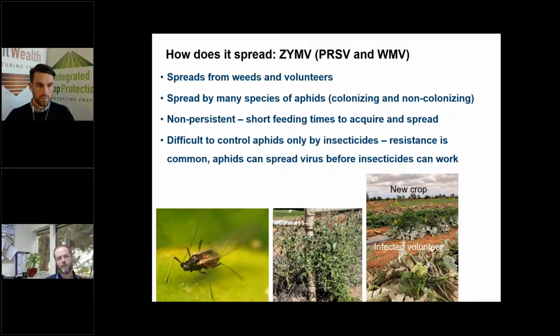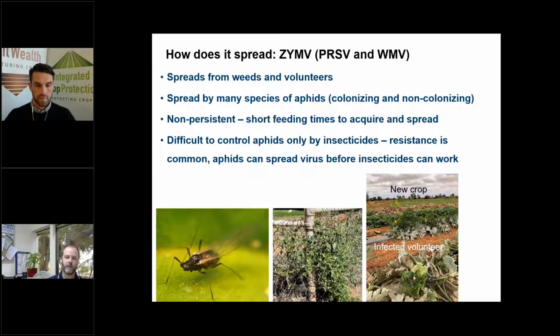So how do these guys spread? The three of them really all spread from weeds, such as this cucurbit weed called a mukia growing out on a fence line. Volunteers, we've got one here where there was a crop last year. Obviously fruit was discarded. They would have had virus issues because this small plant in the foreground has germinated.